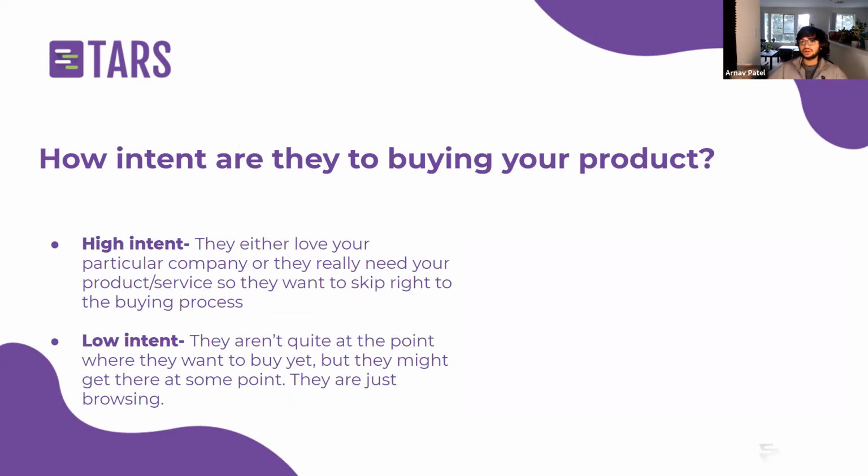Again, you can simplistically, crudely divide your prospects up into two types. They can either be high intent, so they love your particular company, or they really, really need your product or service, so they want to skip right to the buying process. They want to get right to the lead gen, right to the buy button.